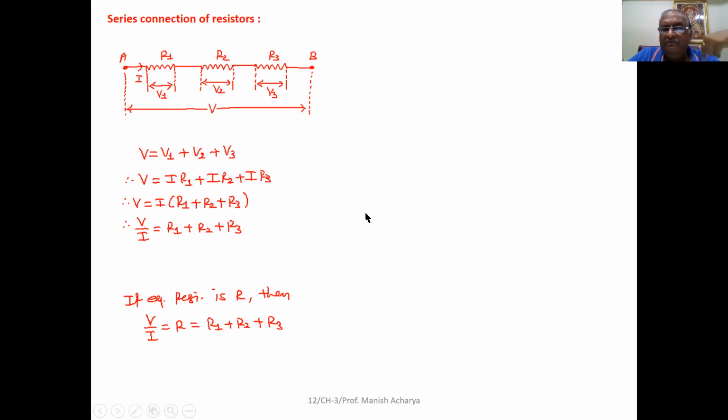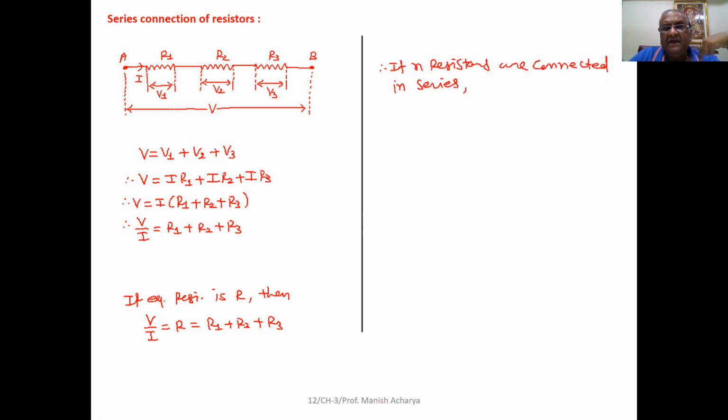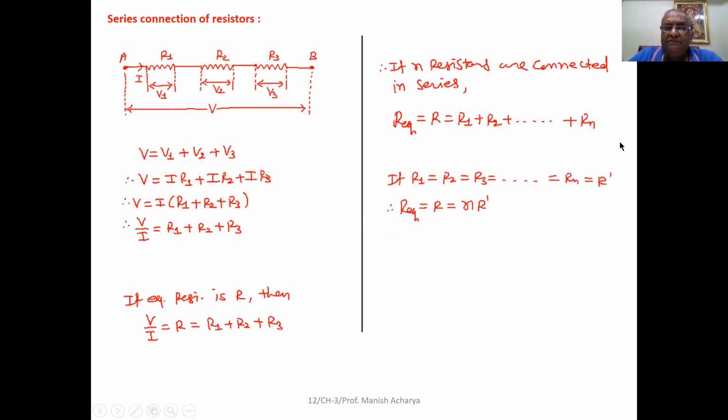Okay. Now, if we have n resistors connected in series, then we can write the equivalent resistance R equal to R1 plus R2 plus R3 up to Rn. Now suppose all the resistors connected in series are of the same value.